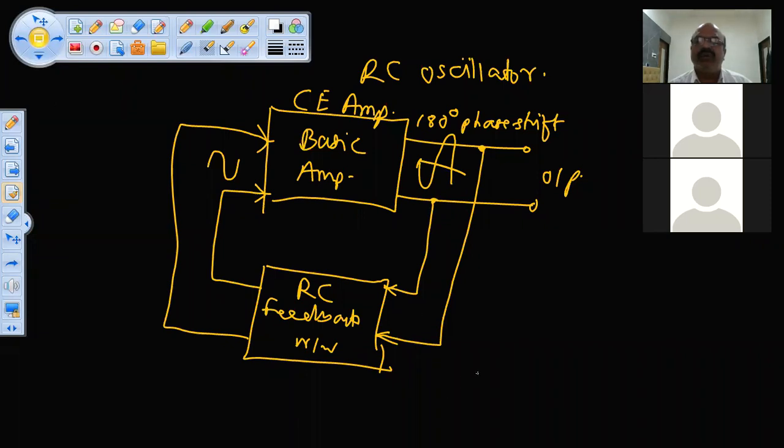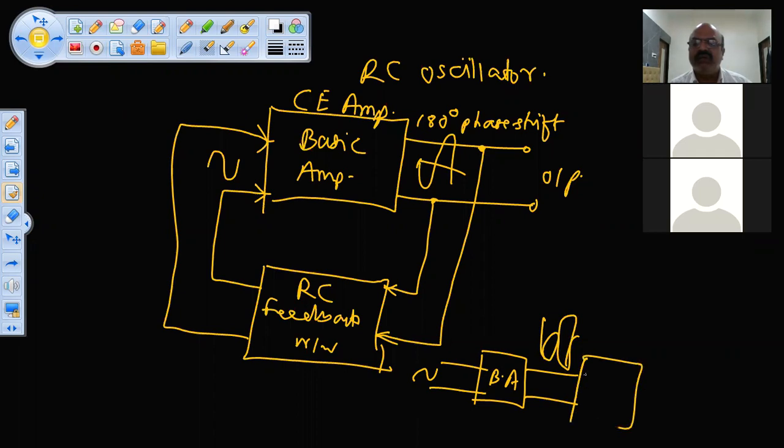So this is the basic amplifier. Here you are applying the signal. Here you are getting the signal, opposite signal of course, like this. This is a phase shift network.